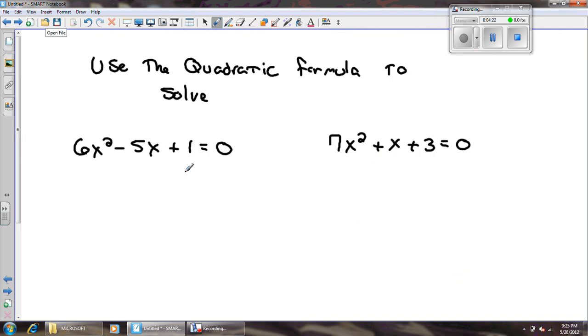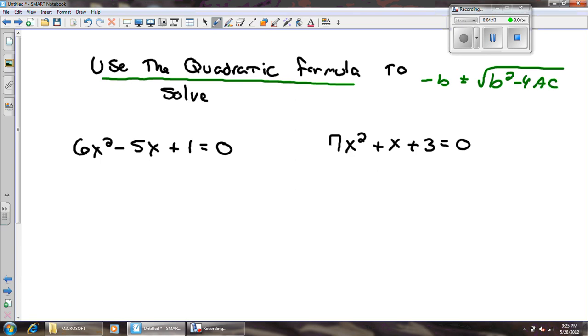Okay, now on these problems, if I could factor them, I would. I don't believe they're going to factor, so I'm going to go ahead and use the quadratic formula, especially since the directions say use the quadratic formula. Remember, it's negative b plus or minus the square root of b squared minus 4ac, and that is all over 2a, and of course x equals that.